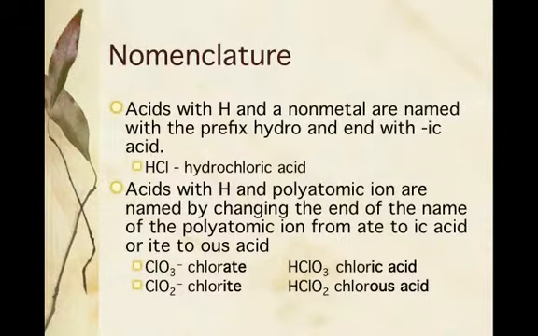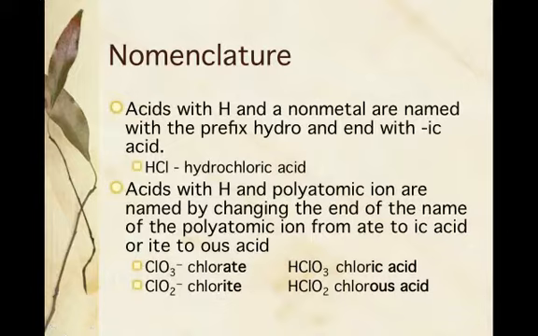Acids with hydrogen and a polyatomic ion are named by changing the end of the name of the polyatomic ion from ate to ic or ite to ous. So remember, you look up the polyatomic ion ClO3, the name is chlorate. So if we add a hydrogen to it, it would be chloric acid. We change the ATE to an IC ending. ClO2, though, is a chlorite ion, and you add a hydrogen to it, and it would be chlorous acid.